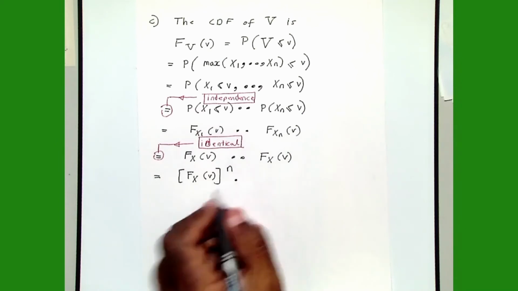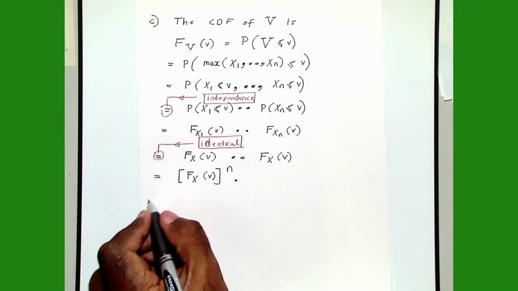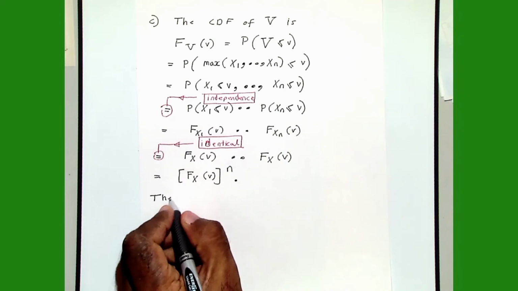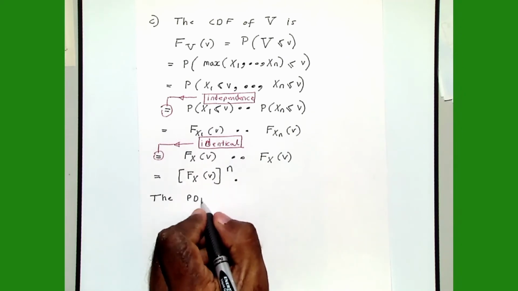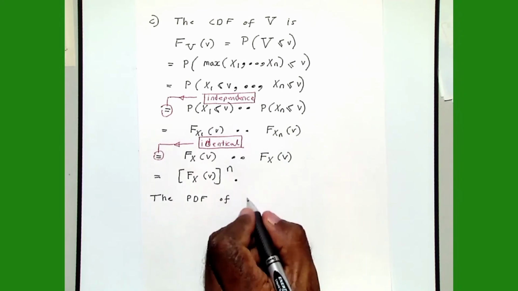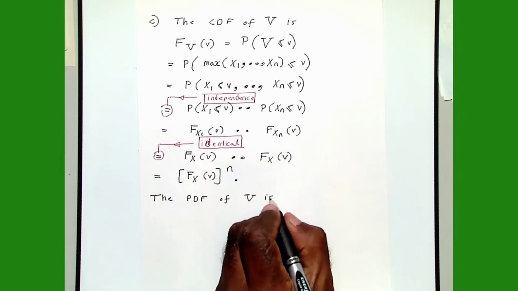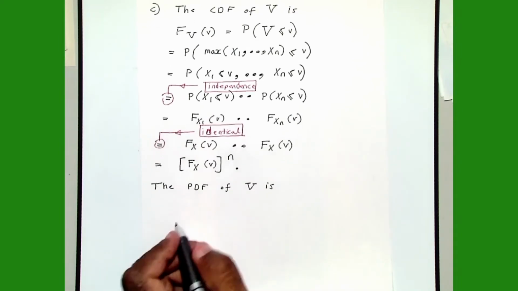Okay, now to find the PDF, you just differentiate the CDF.